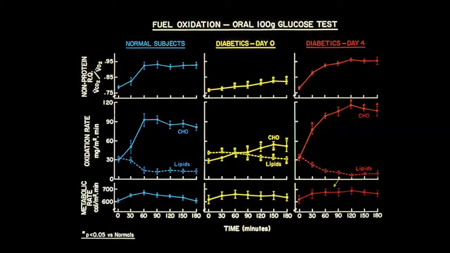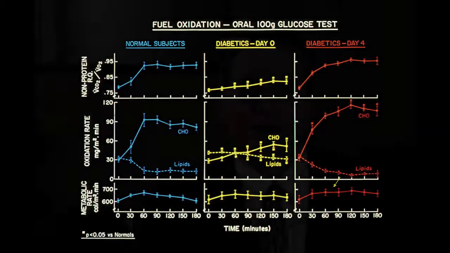The carbohydrate utilization goes up and the lipid utilization goes down, and that happens and starts in 30 to 60 minutes. You give that same 100 grams of glucose to a diabetic person and look what happens in yellow. Their carbohydrate utilization doesn't go up much at all, and the lipids stay very high. High lipids are the same as high free fatty acids, which are why people get sick, to make it easy.